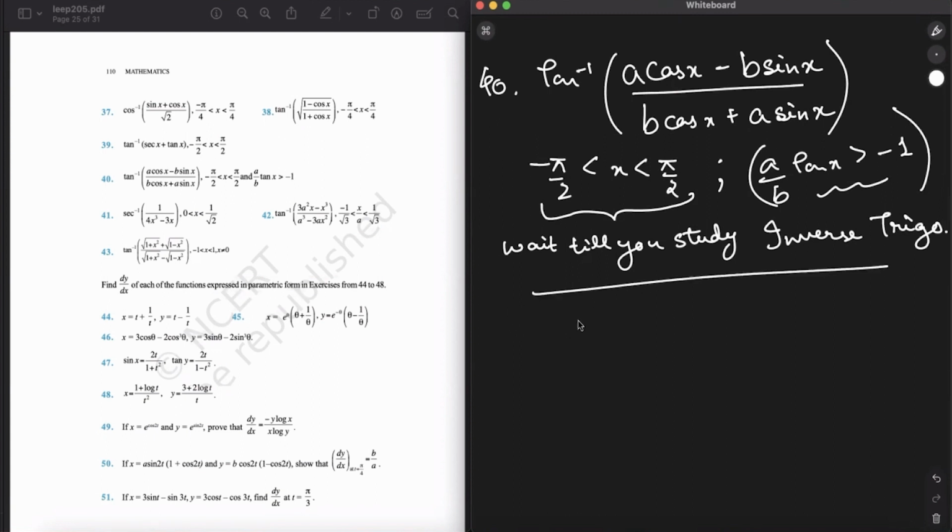I have y equal to tan inverse of (a cos x minus b sin x) over (b cos x plus a sin x).